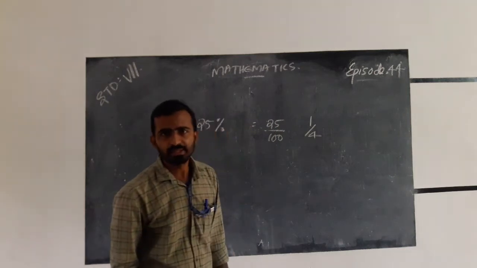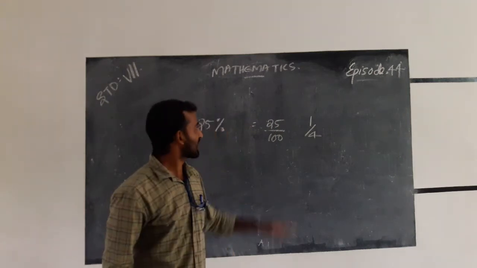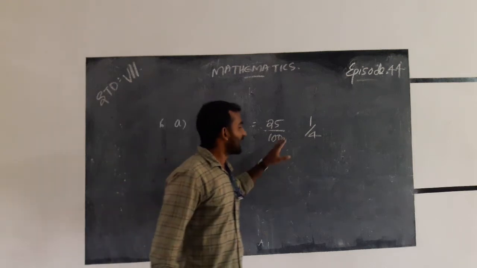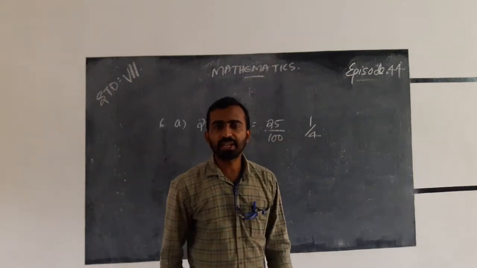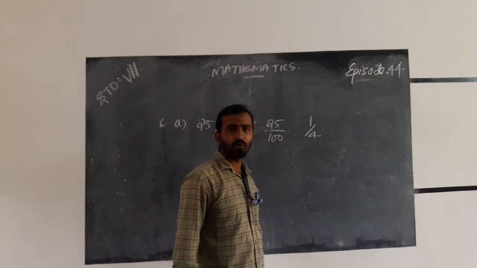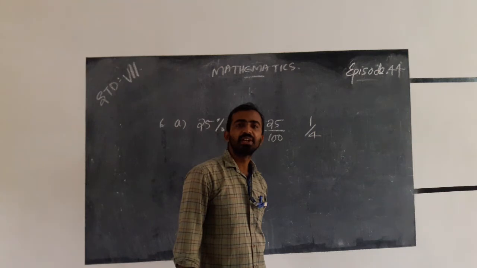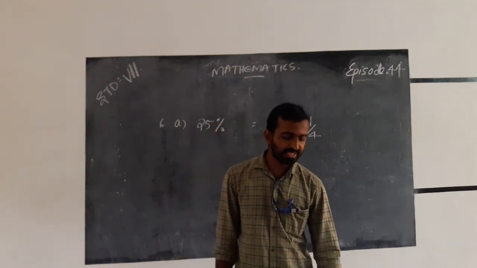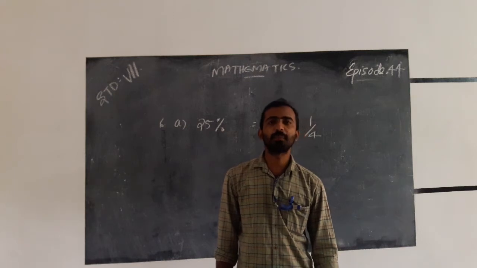Yes, it is right. 25 by 100 we can write as 1 by 4, the simplest form.